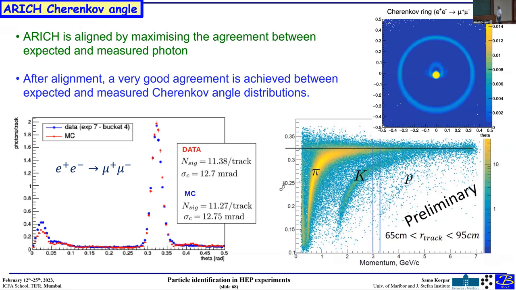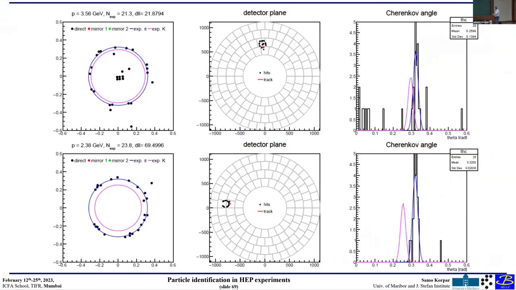An example, this is actually a ring where these are both pion rings. This magenta is basically the expectation for kaon. The blue circle is the expectation for the pion, and you can see that the pion matches better.